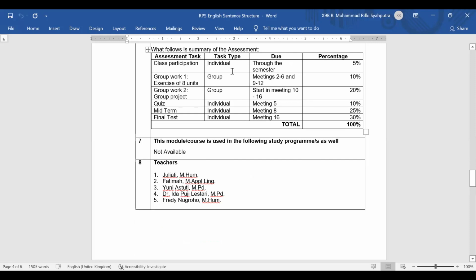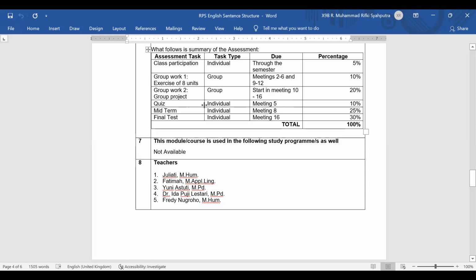Class participation is your individual participation through the semester, and the percentage is 5%. Then group work 1 is the exercises of 8 units that we will learn from meetings 2 up to 6 and 9 up to 12, and the percentage is 10%. Group work 2 is the group project, from meeting 10 up to 16, and the percentage of the score is 20%.